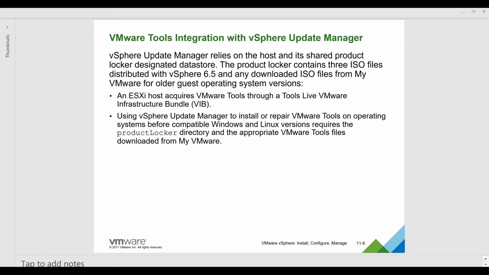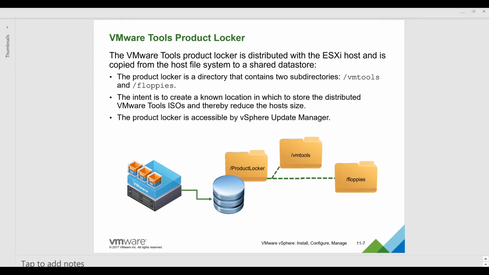Now, when VMware Tools are installed on the ESXi host, they're put in a product locker directory, and we'll talk about that in this slide. So you may notice, when you go to install VMware Tools, you just right click on the virtual machine and say install or update VMware Tools. Well, you don't give it a folder where it's at. It's in this product locker.